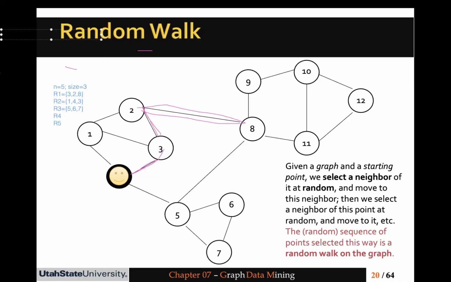And we do that starting from every single node in the network. So let's say 8 and 2 appear 80% of the time together in my random walks. I can easily say that they are similar, because the probability of appearing together in the same random walk is 80%, which is a pretty high percentage.